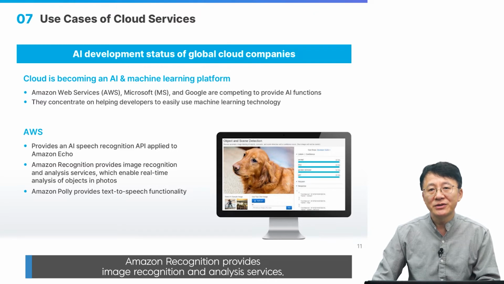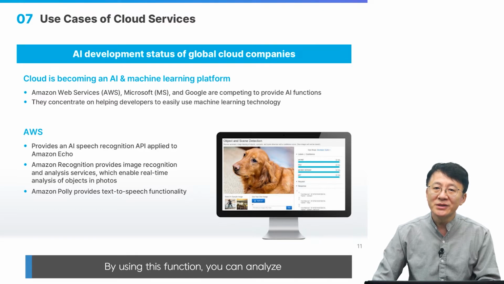Amazon Rekognition provides image recognition and analysis services. By using this function, you can analyze the object in photo in real time. It can also recognize human faces. Amazon Polly provides the ability to turn text into speech. Amazon Lex offers automatic speech recognition and natural language recognition.